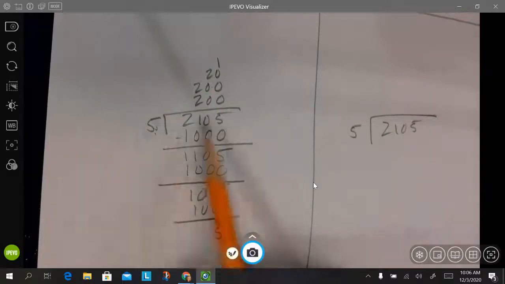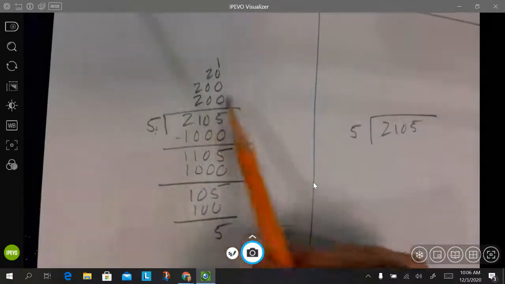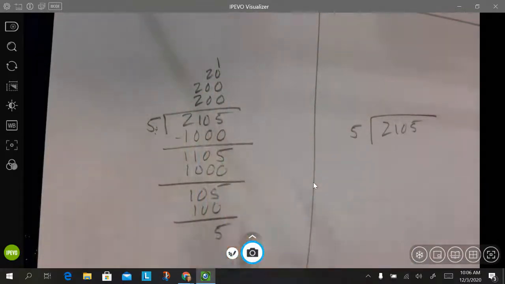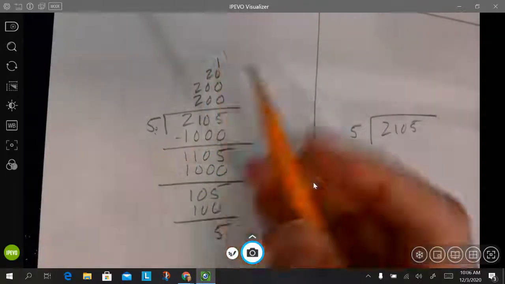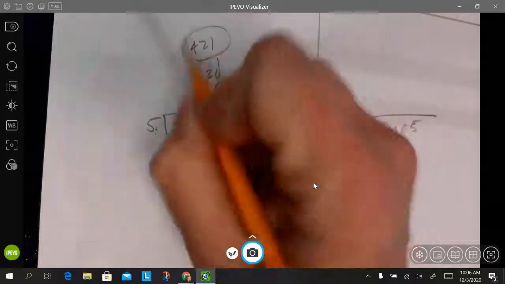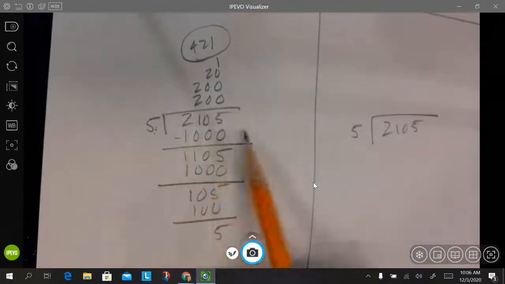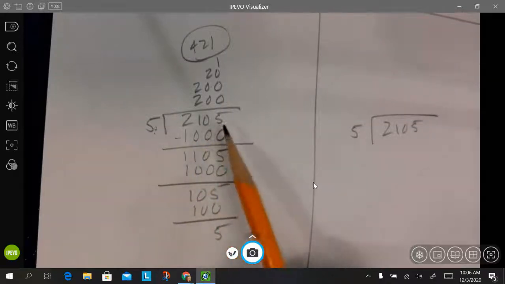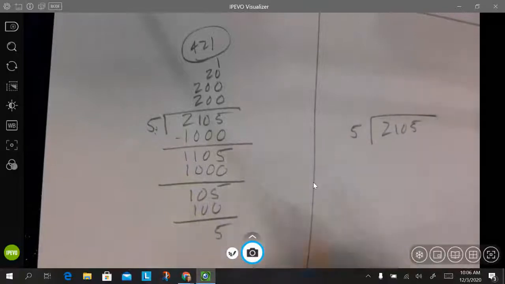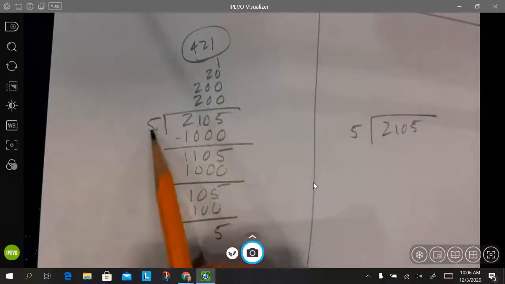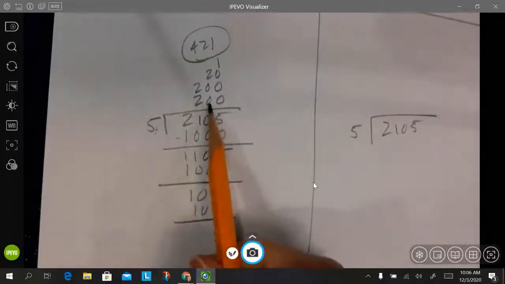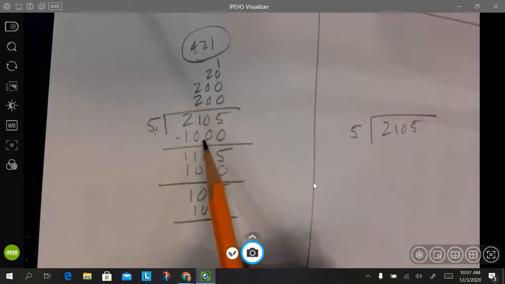And so I'm working with easier ways to break up this number. I'm finding easier numbers to use, okay? And then to total this, you just work your way up and you get 421, okay? So partial quotients works with groupings of easier numbers. If I see 2105, I could say, I know I could take it 200 times because that's 1,000.